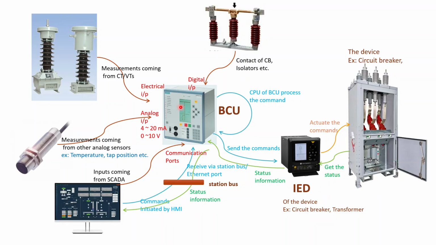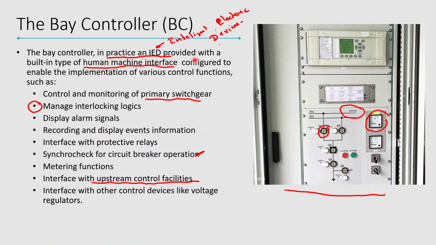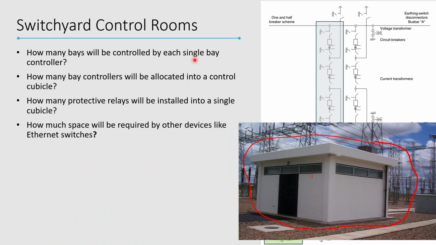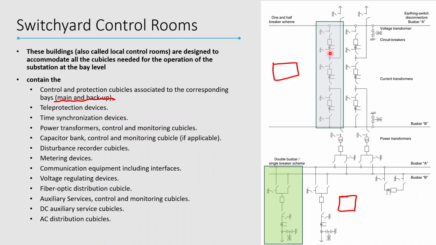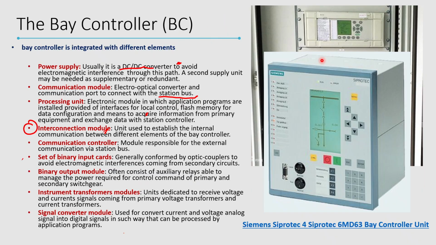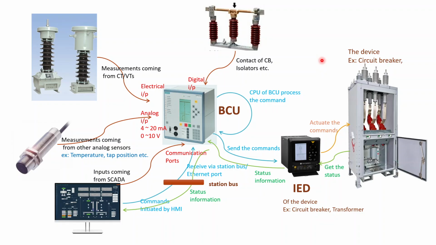For example, all the devices in here, their status: you have a bunch of isolators and a bunch of circuit breakers here, and you have the voltage and current transformers here. So the values and everything are monitored through these bay controllers, and then displayed in the SCADA system, so that the operators can visualize the condition of that particular bay.